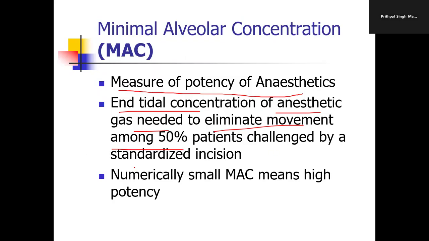This means that if a drug or particular compound has a smaller concentration, it has high intensity, like the amount of drug that is required is lesser as compared to the drug which has potency.